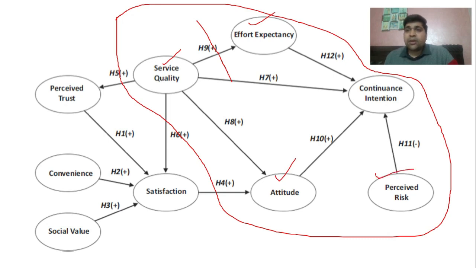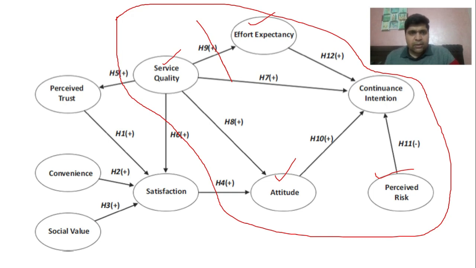Again, I repeat, this comes out from the existing literature. Some of these, like effort expectancy and perceived risk, are part of some of the theories. So I'm not going in depth into whether it is a theoretical framework or a conceptual framework, but this is the framework I have taken as an example.